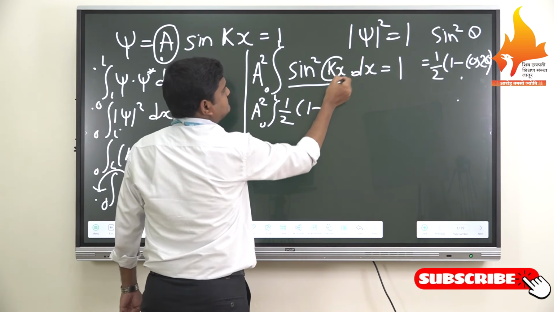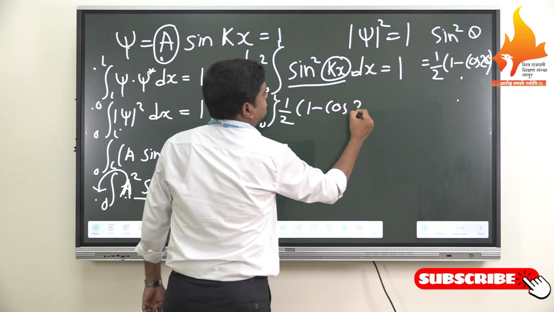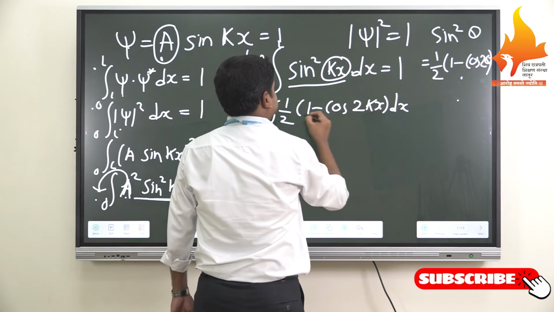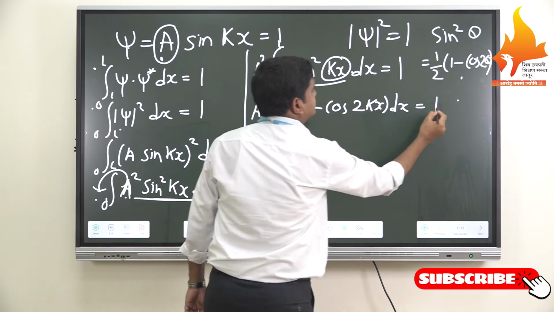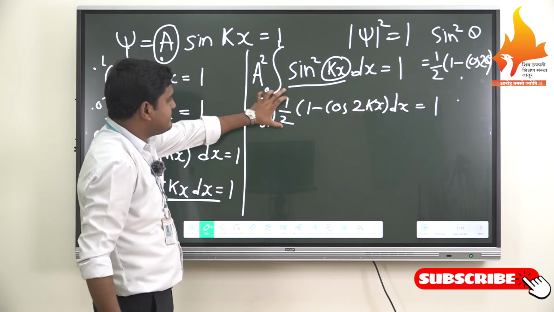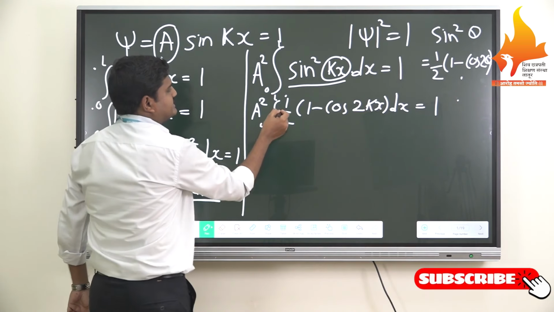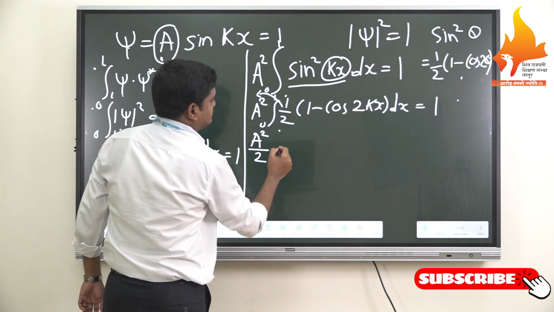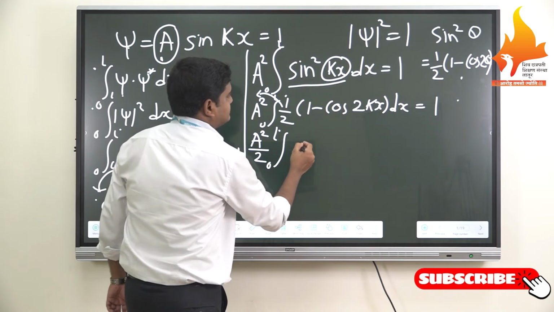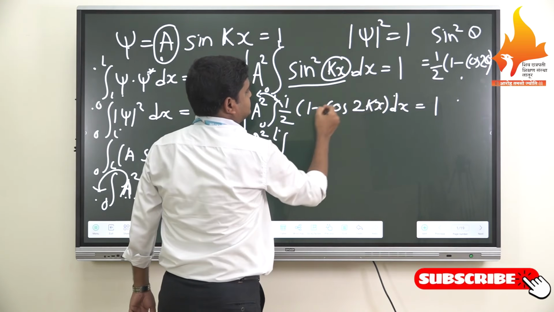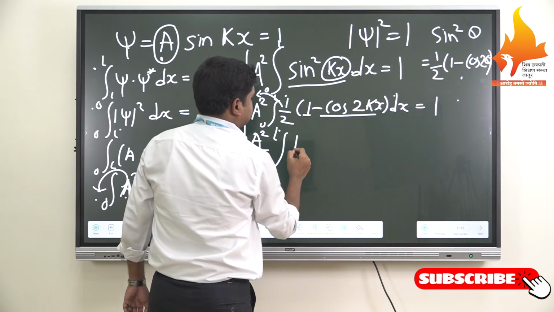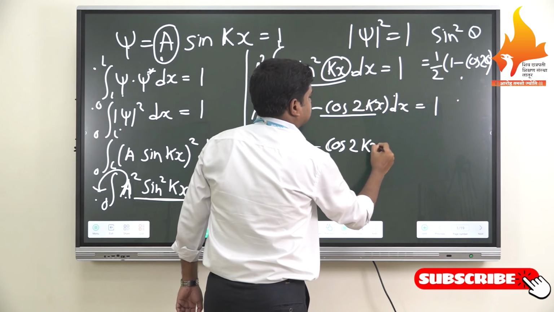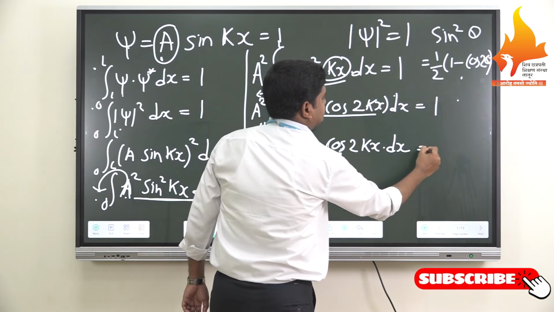Here we take cos of 2kx into dx equal to 1. We can take this half constant outside also with a, which gives a square divided by 2, integration 0 to L. We multiply dx with each term, that is dx minus cos of 2kx into dx is equal to 1.